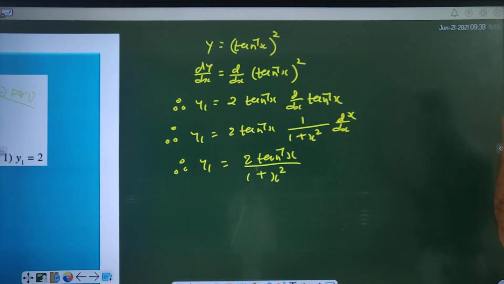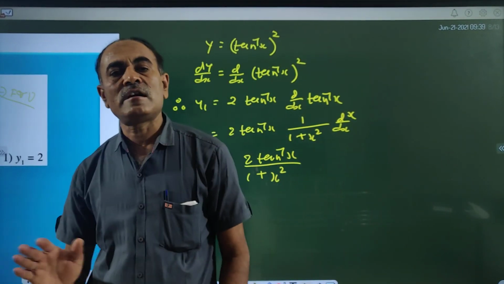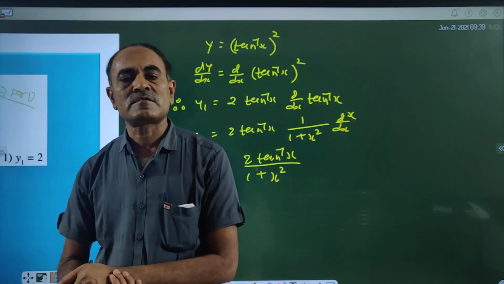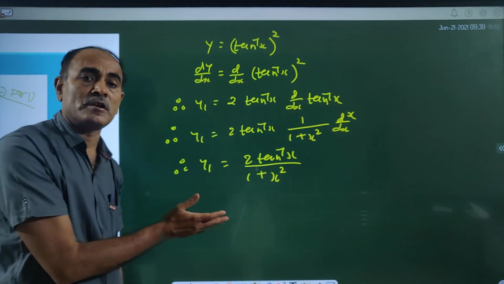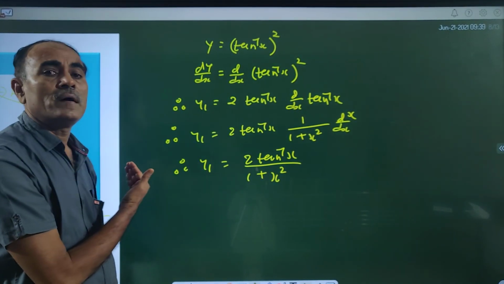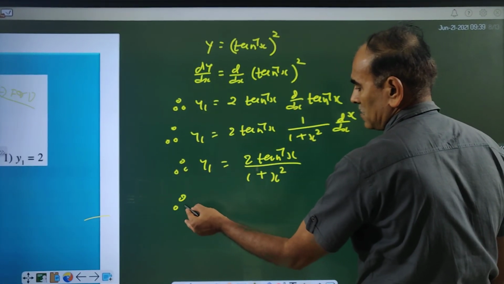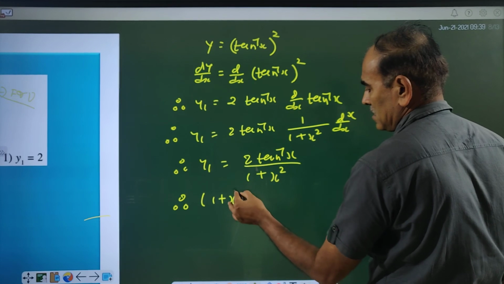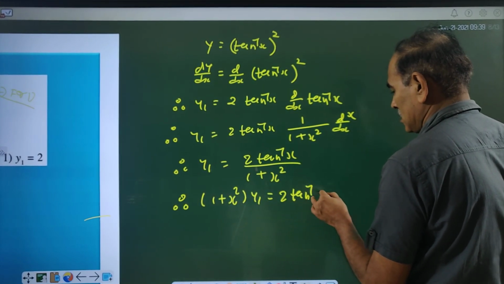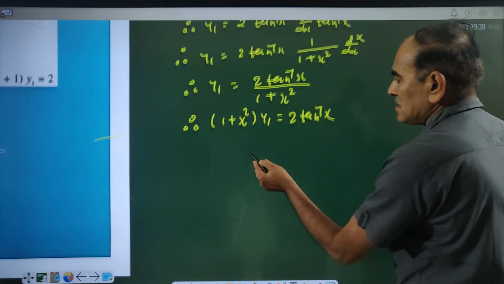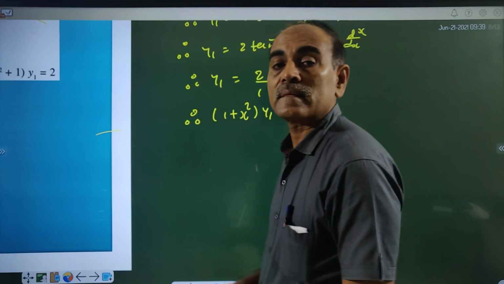I already told you previously, whenever we want the second derivative of an inverse trigonometric function, then after obtaining the first derivative, whatever denominator quantity is given to us, take it to the left hand side. So 1 plus x square y1 is equal to 2 tan inverse x. At the same time we saw the second rule also.